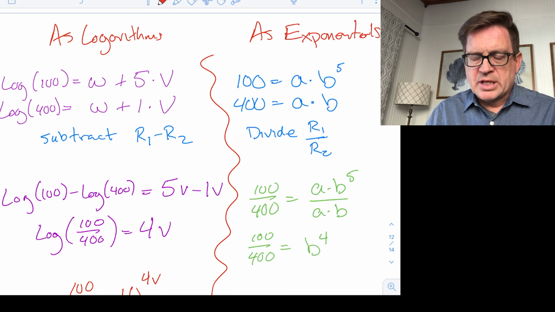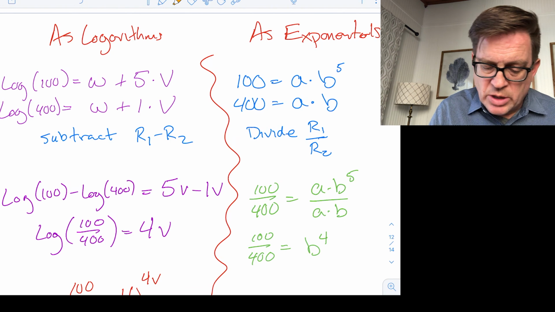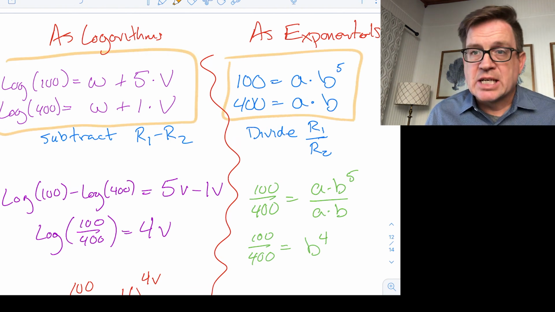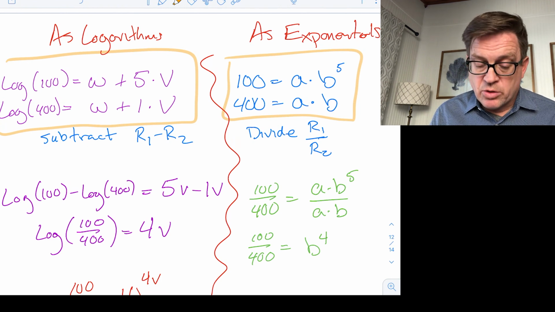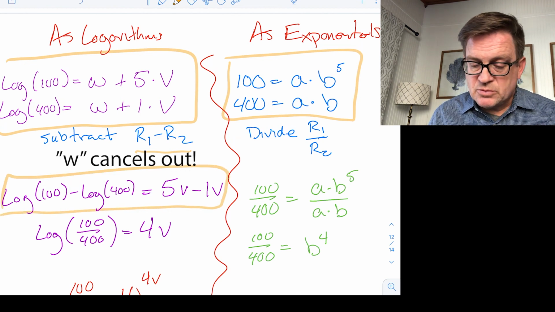One last note about the connection between these two methods of solving these problems. Let's look at the two equations as logarithms on the left, and on the right, we'll look at the two equations as exponentials. When we solved as logarithms, they were linear equations in terms of the logarithm values w and v, and we were subtracting row 1 minus row 2.